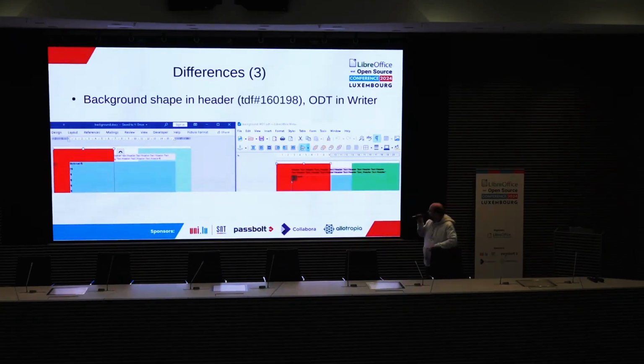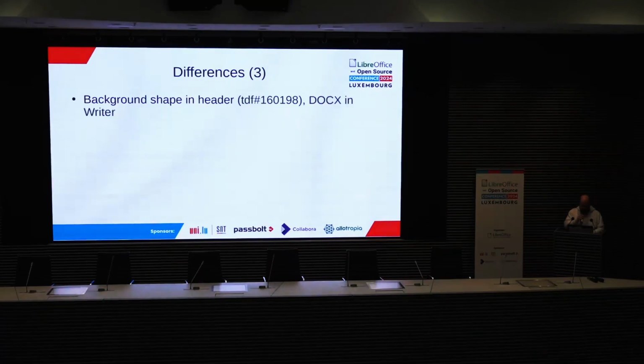No, it's just a color. It's the same thing, but if it's in the header in Word, it's a little bit grayed out, let's say. But it's exactly the same file. Okay, so what else do we have? Looks like I forgot to insert the shape.